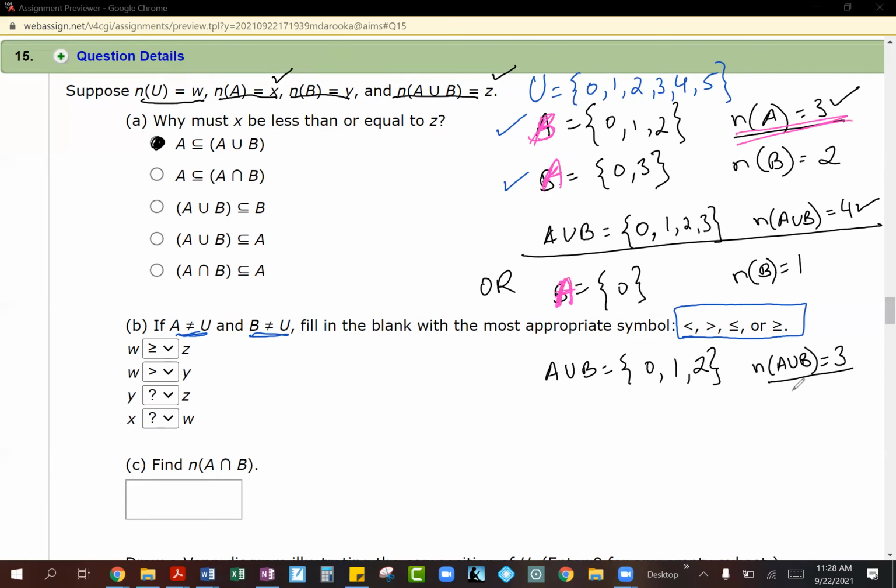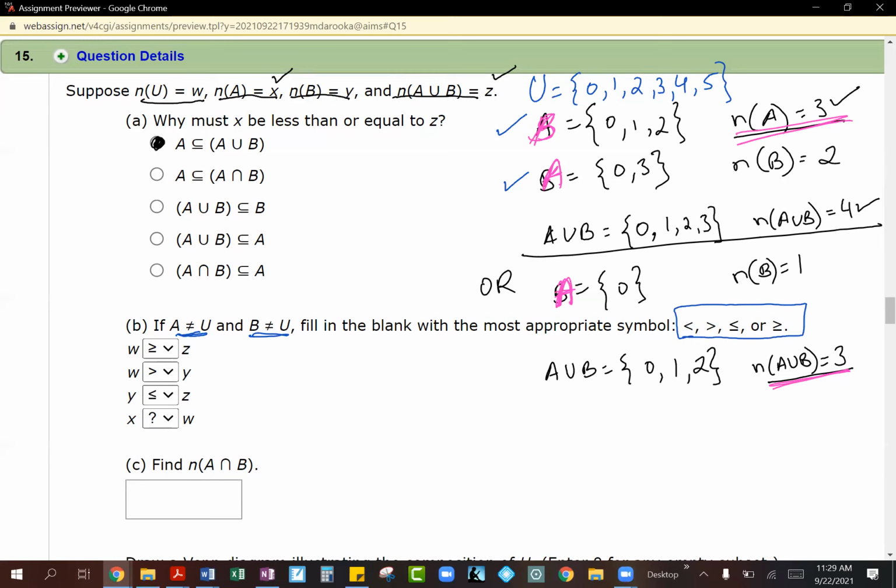So it can be less than or equal to, because we don't have specific definitions, so we don't know what direction this will be going in. So I would say less than or equal to.